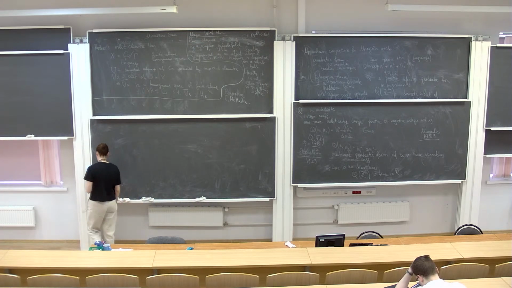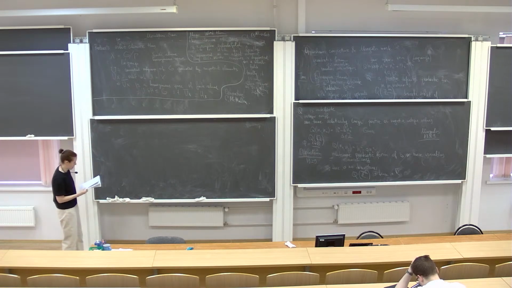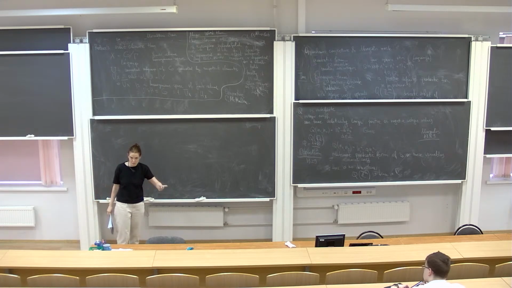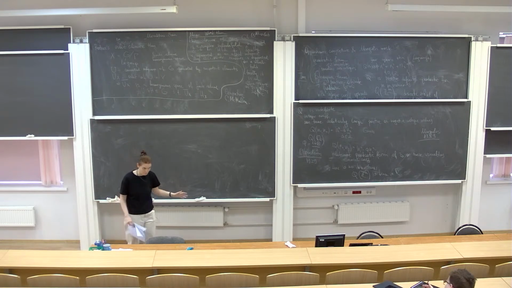So we need to show that the image of Z3 under the quadratic form Q is dense in R, right? That's our task, according to Oppenheim.